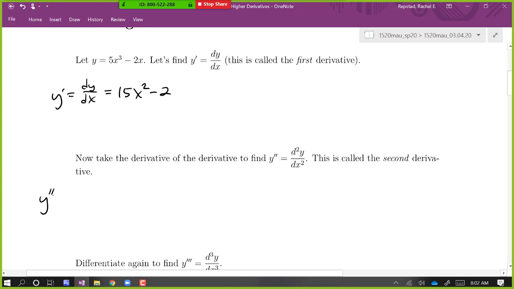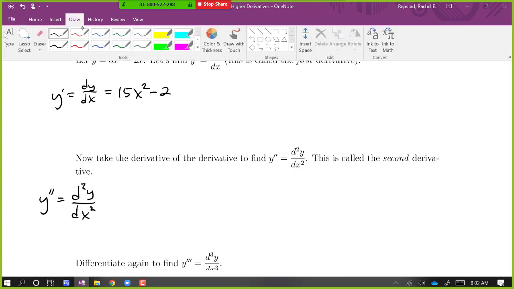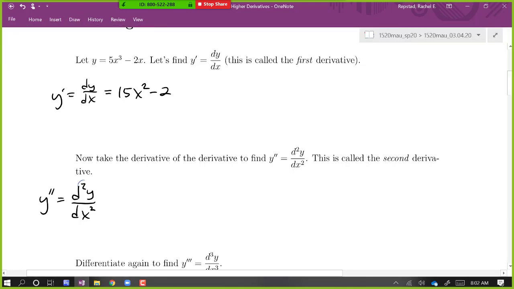We denote it with a double tick, y double prime, or using the other notation, d squared y over dx squared. Notice the position of these superscripts. The 2 up top on the d means I'm taking the derivative twice. That's a second derivative.